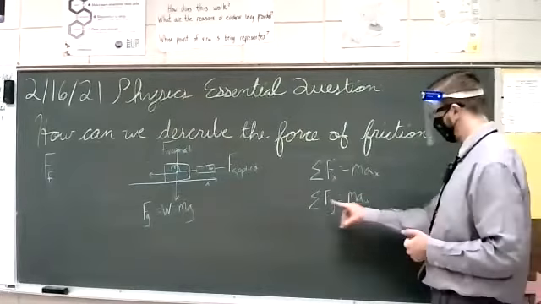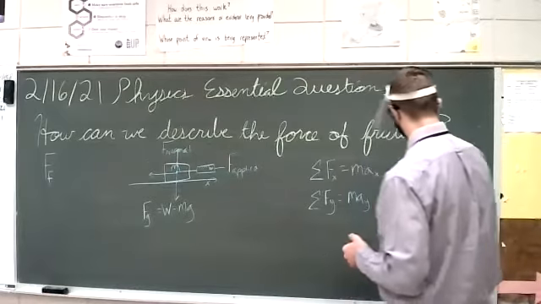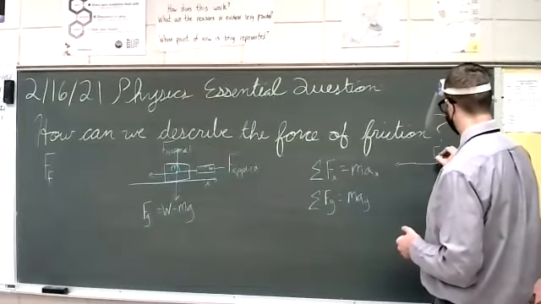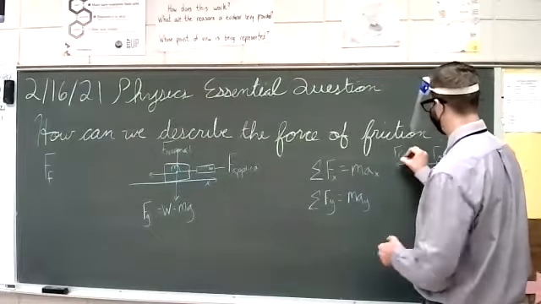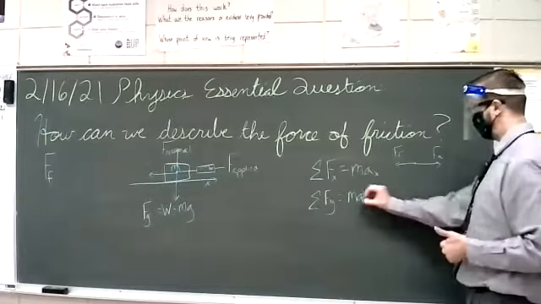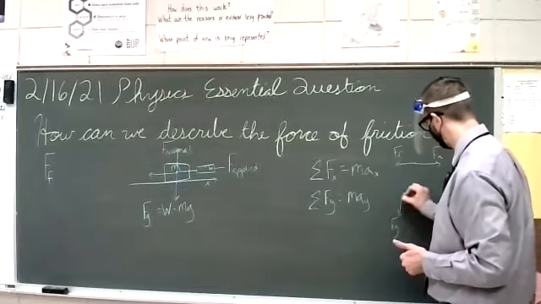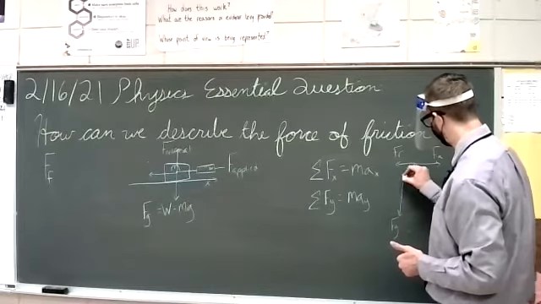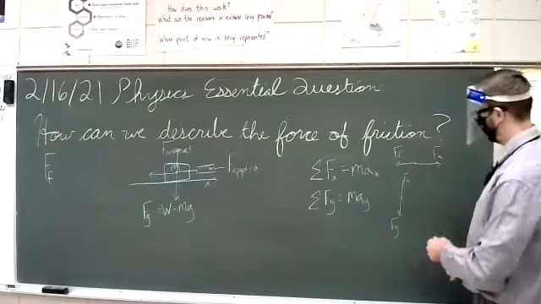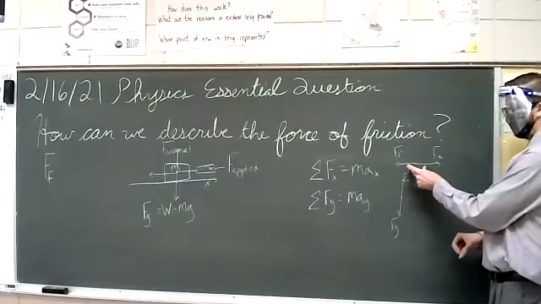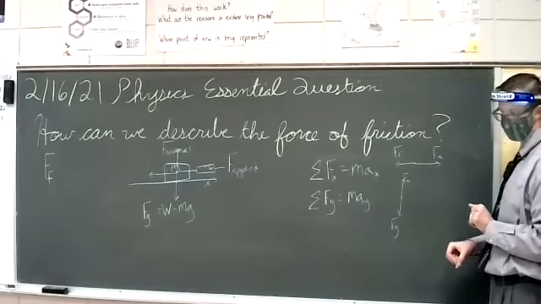Here we're considering the applied force and the force of friction horizontally. Here we're considering the weight, the force of gravity, and the normal force, F sub n, vertically. And these forces are equal to each other, and these forces are equal to each other.